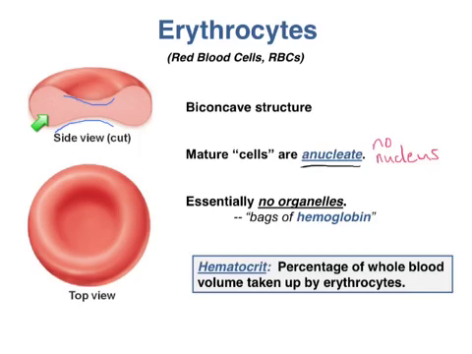You can measure the amount of red blood cells in a person's blood by taking their hematocrit. A hematocrit is a blood test that measures the percentage of whole blood volume taken up by erythrocytes. So if you take a tube of whole blood and you spin it down, what percent of that volume is going to be made up by those erythrocytes down at the bottom.